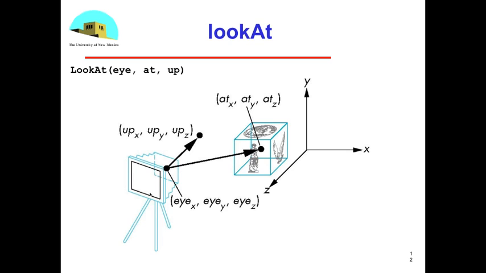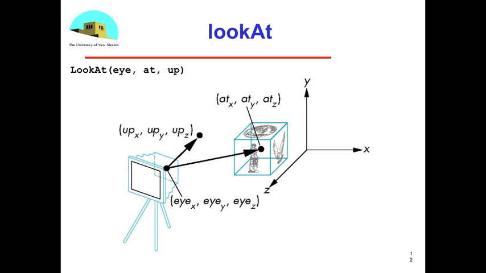Look at it this way. In terms of the back of the camera, the vector going from the eye point to the at point is perpendicular to the back of the camera. Here's the up direction in the camera. But the problem is I may not be able to represent that easily in whatever frame I'm working in.